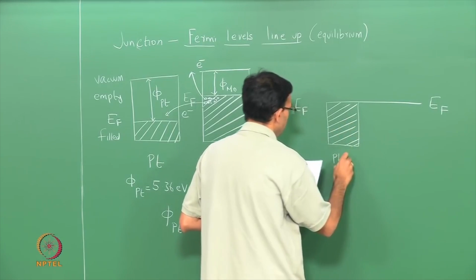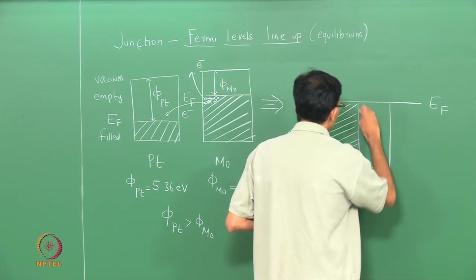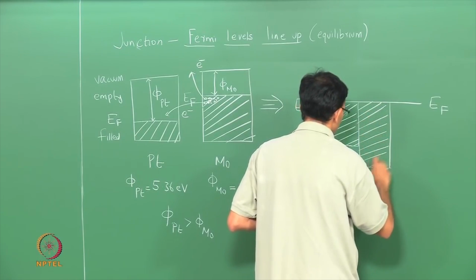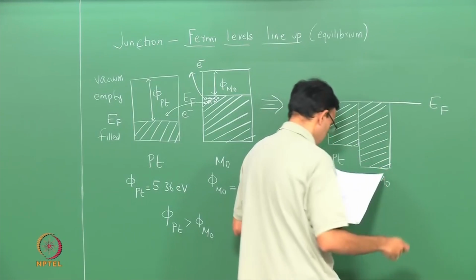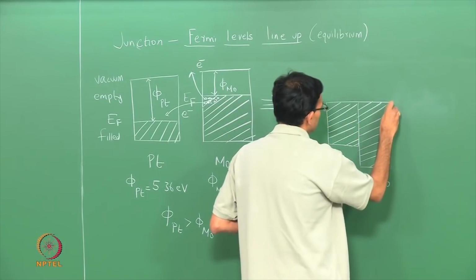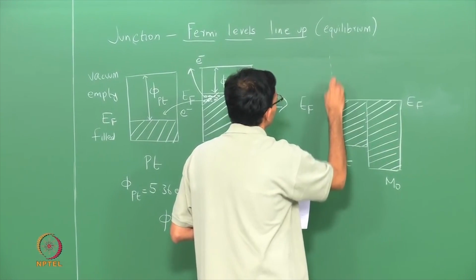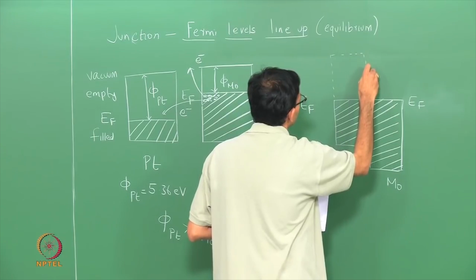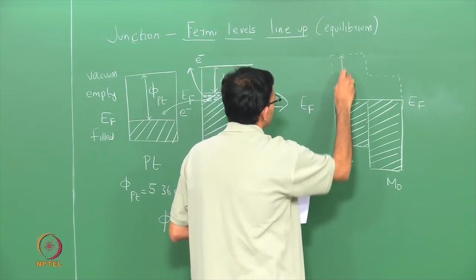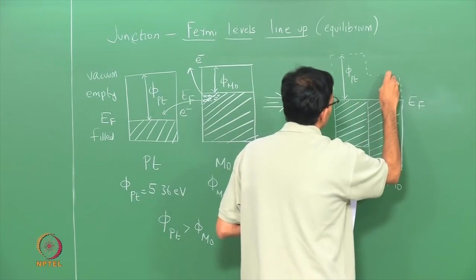So, this is platinum and then this is moly. So, let me just erase that extra portion here. So, this is the work function of platinum, this is the work function of moly.